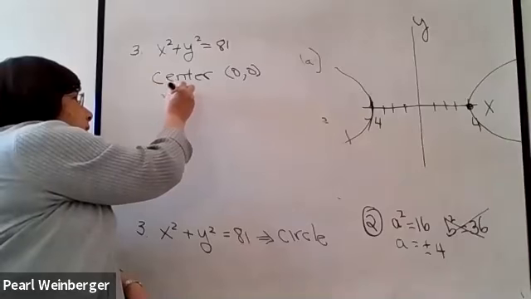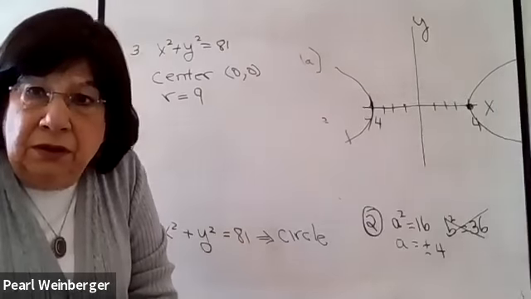and whose radius is the square root of 81, or 9. This was the easiest one because all I had to do was put the x and the y to 0 and find the square root of 81.